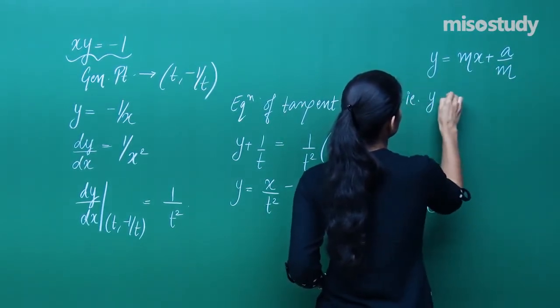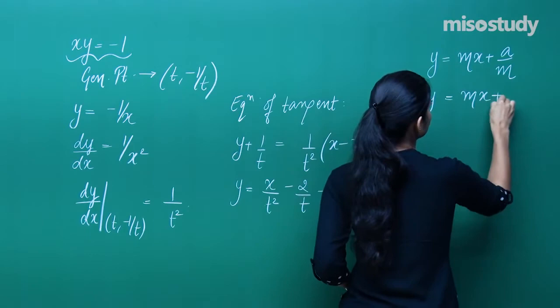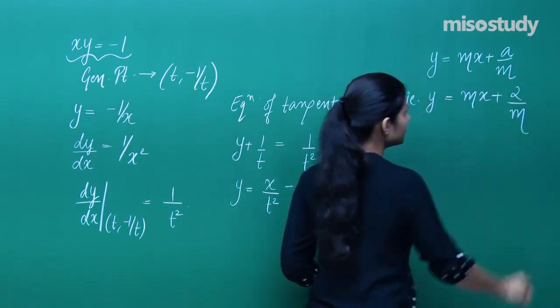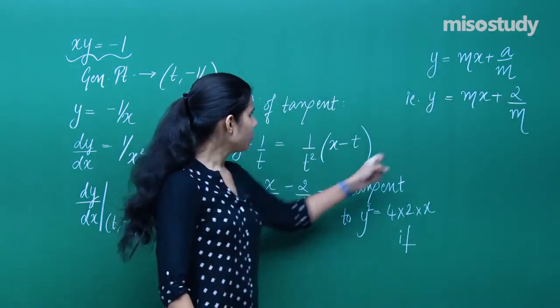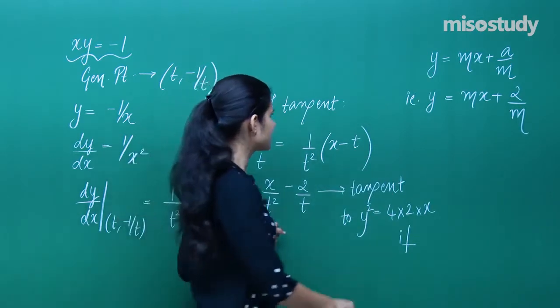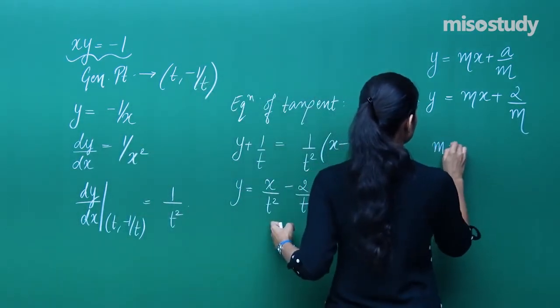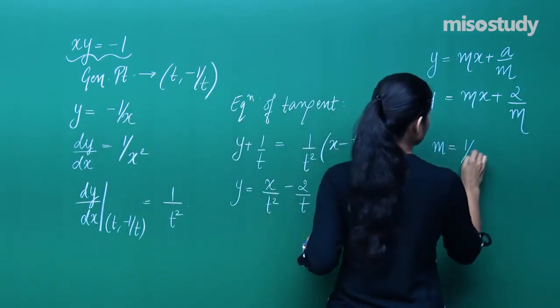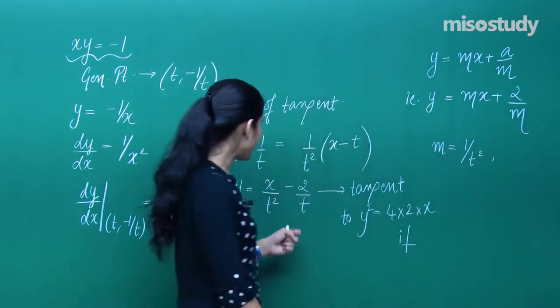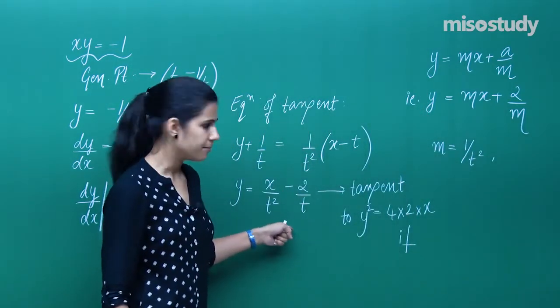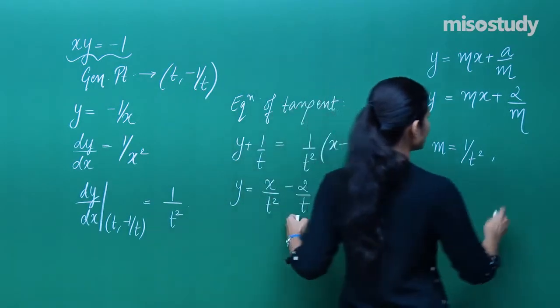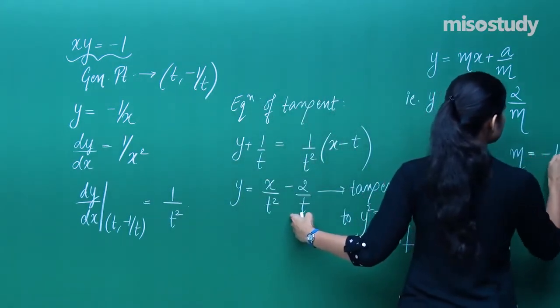That is y equals mx plus 2 by m. If you compare both of them, m comes out to be 1 by t square, and 2 by m comes out to be minus 2 by t, so m comes out to be minus t.